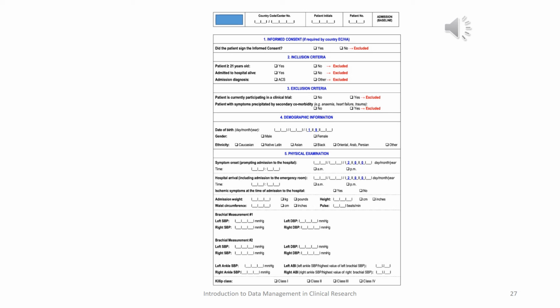And then down below, you see row 5, physical exam. We've got a couple of pieces of information there. I want to point out that in that first date section, they have a date. They've already got the year 2000-something populated, so they have a 2 and a 0 and a 0.